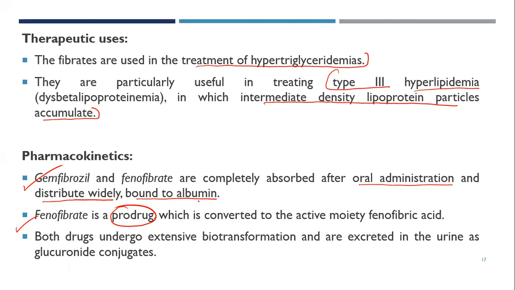So when it goes into the body, it undergoes some metabolic reaction and thus releases the active moiety, that is fenofibric acid. Okay, so both of these drugs undergo extensive biotransformation and they are excreted in urine as glucuronide conjugates. So when I say glucuronide conjugates, I mean that they undergo the phase 2 metabolic reaction.